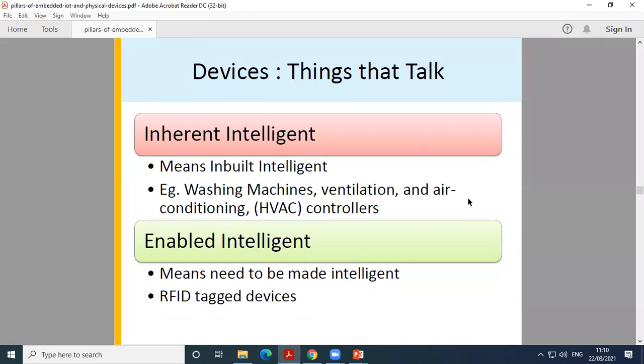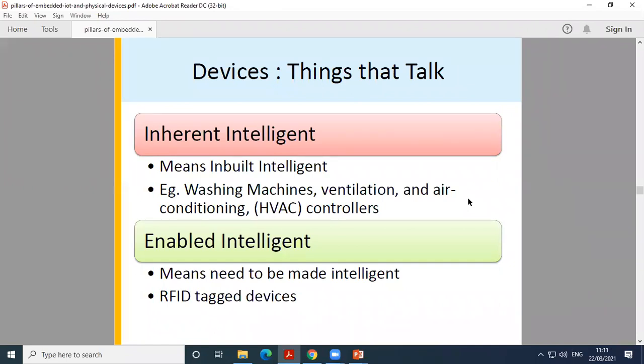And some other things are there, like animals, books, or furniture, for which we have to use RFID. For managing these kinds of things, IoT provides identification techniques like RFID. That means we have to make the devices intelligent.